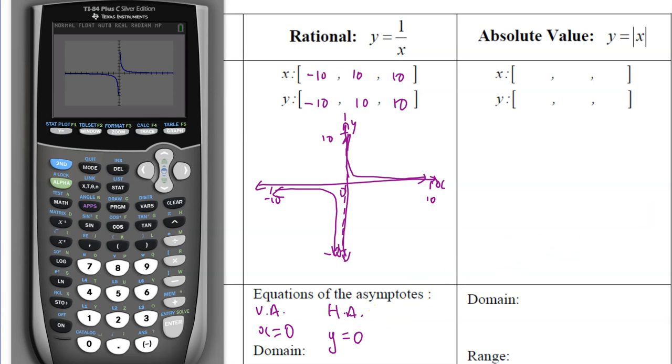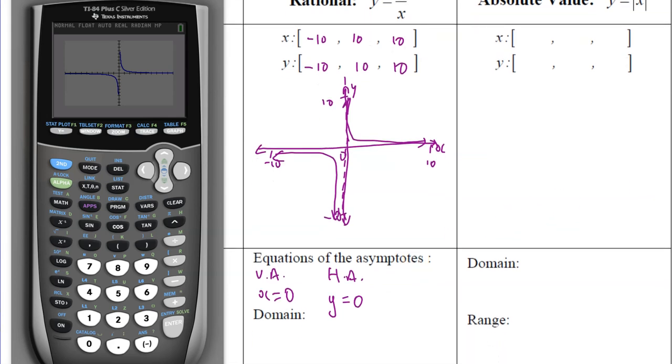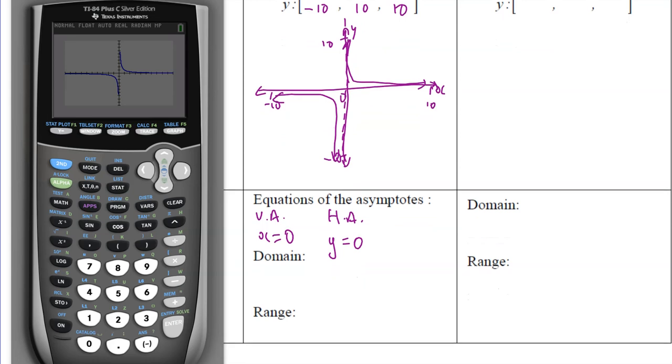Okay, and let's just pull down a smidge so we can get our domain and range. Domain is the set of all x such that x is not equal to 0, but x belongs to the real numbers. So this says all real numbers except for 0.